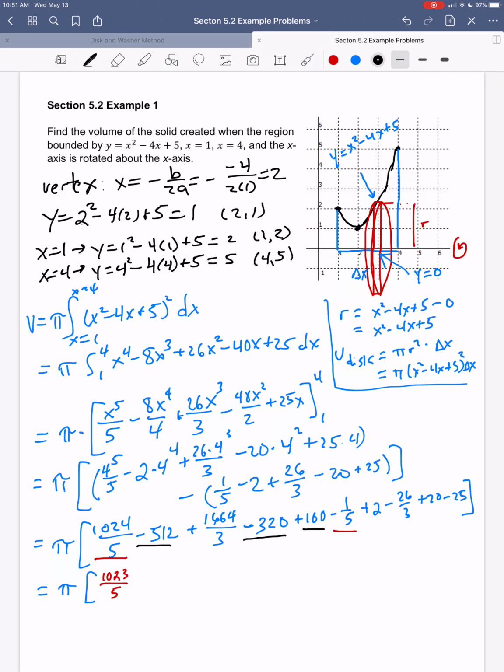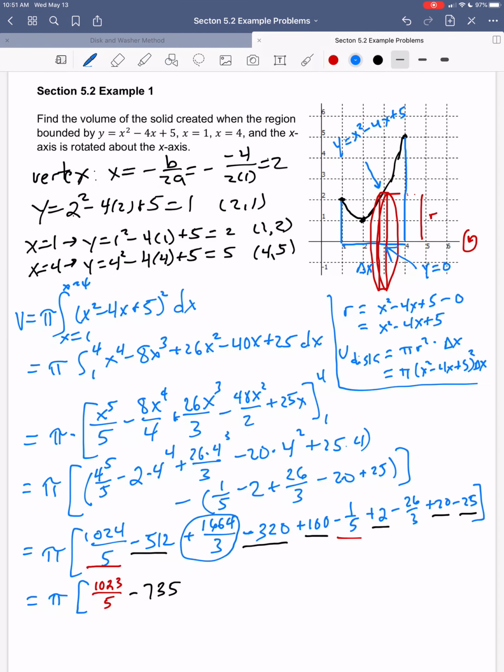Plus 100, plus 2, plus 20, and minus 25. If I put all that together, that gives me negative 735. And if I look then at the thirds that are left, I get plus 1638 over 3.